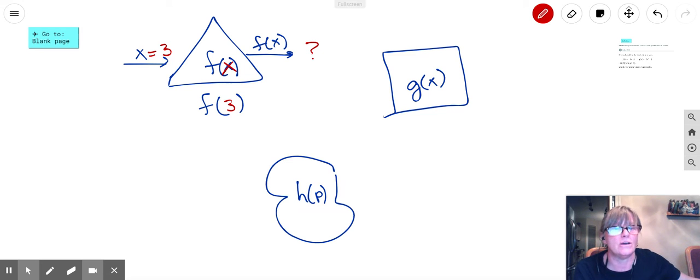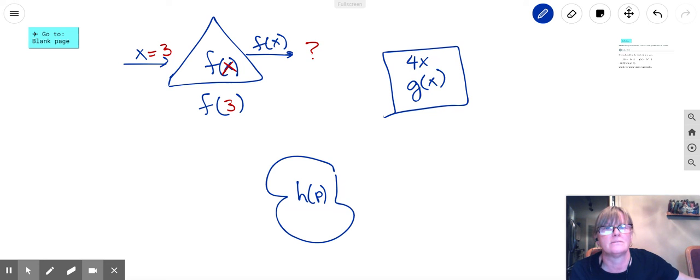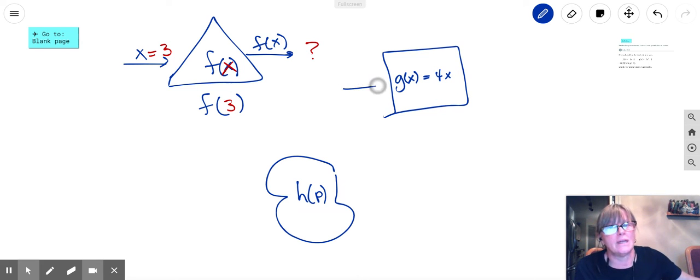Okay? In here, how would the notation go? Let's say g of x. Let's actually make g of x something. Let's say it's 4x. Okay? G of x equals 4x. All right. So what goes in? X goes in. What gets spit out?